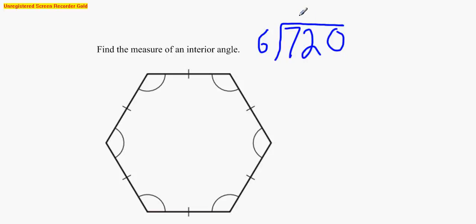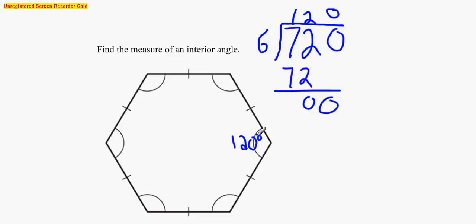Let's see here. What, 12 times? Okay. I believe that's right. So 6 goes in there evenly. So 0, 6 goes into 0, 0 times. So it would be 120 degrees. So what that means is each one of these angles is 120 degrees.